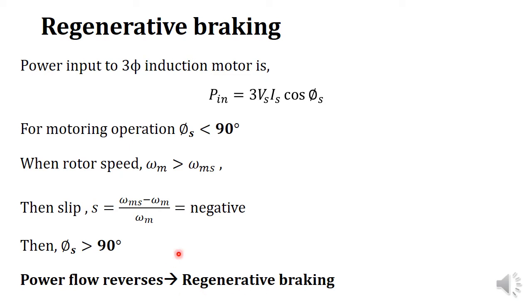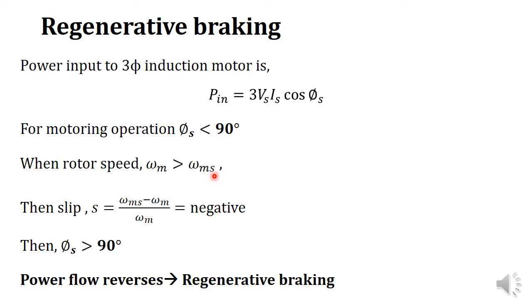Note the point, it happens when omega m, the motor speed, is greater than synchronous speed. To achieve this, we have two different methods. Either we use a variable frequency supply.